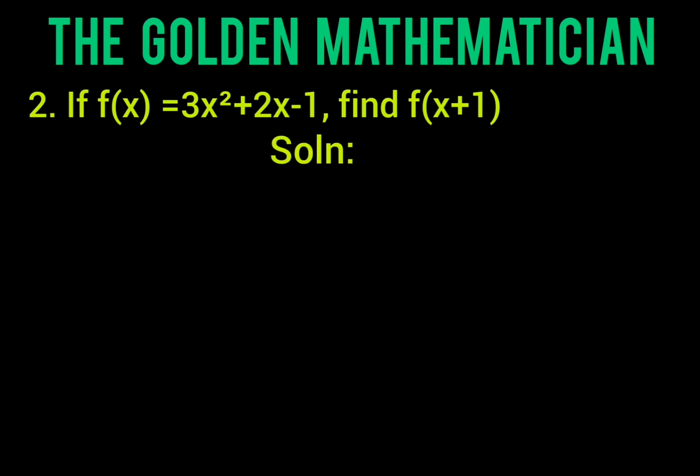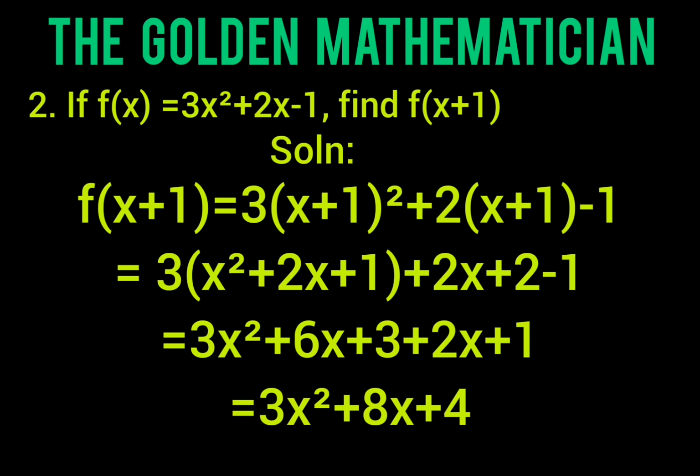So by substituting, we are going to have f of x plus 1 is equal to 3 open brackets x plus 1 close bracket all squared plus 2 open brackets x plus 1 close bracket minus 1. By the time we expand x plus 1 all squared, we are going to have x squared plus 2x plus 1.